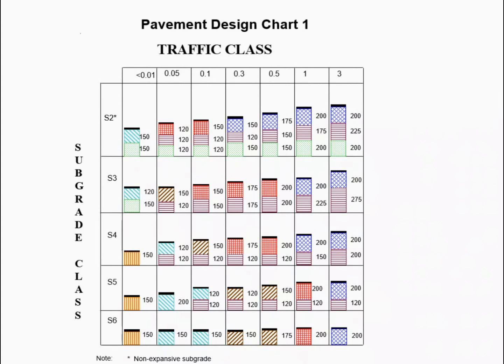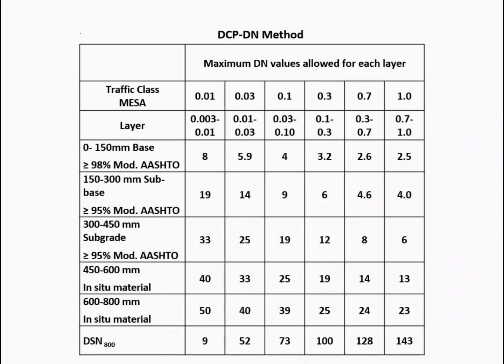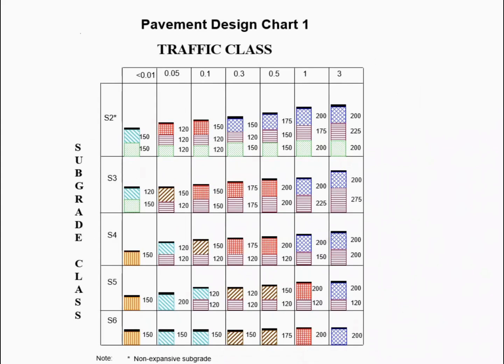The different colored shading is clearly different materials, and the thicknesses of the layers are clearly shown. Before we go on, I'd like to remind you that this is basically a CBR-based method. In fact, most of the methods in the manual are CBR-based methods, but we are also looking at the DCP-based methods. And the DCP method can be used in exactly the same way. A catalogue of structures like this can be built up using the DN value instead of CBR.